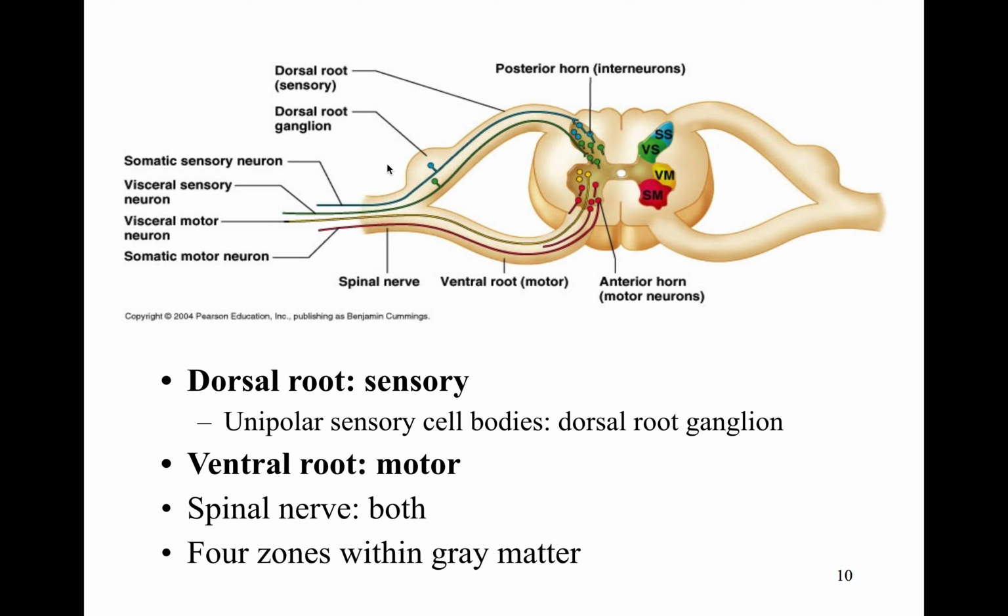The spinal nerve, once the dorsal and ventral roots come together, is going to contain both sensory and motor neurons. So you'll notice here, after the dorsal and the ventral roots come together, we're going to have both sensory and motor neurons existing in the spinal nerves.